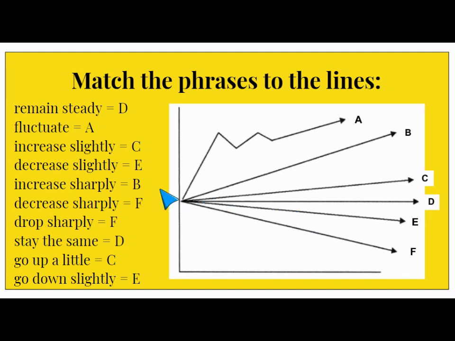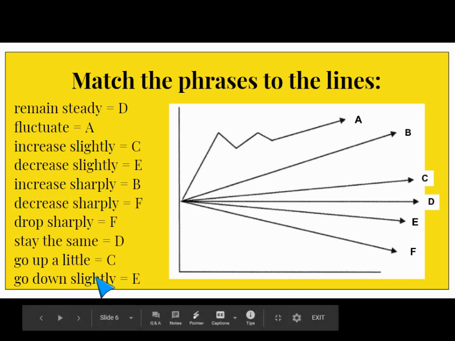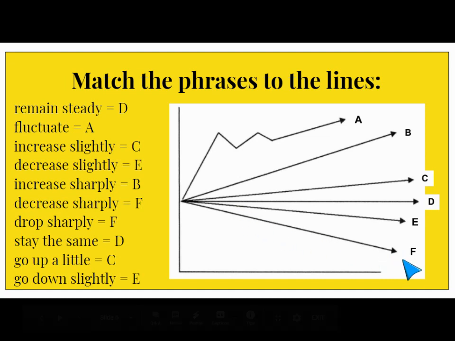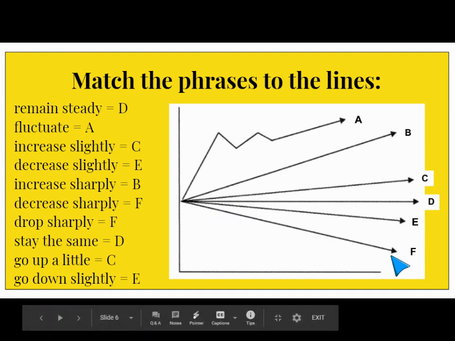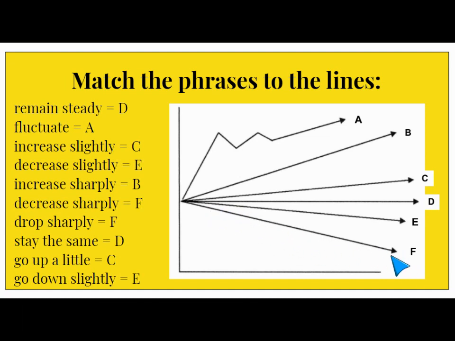So you should have picked decreasing or decrease slightly or goes down slightly. All right, a bigger decrease, a steeper decrease is F. So this is to decrease sharply, or you might say the data drops sharply if you saw this kind of a line slope.